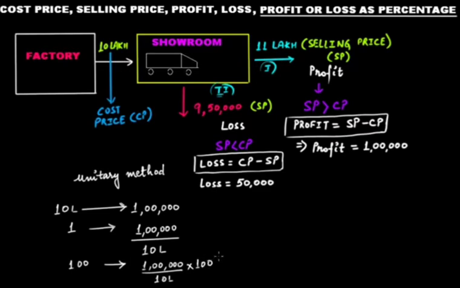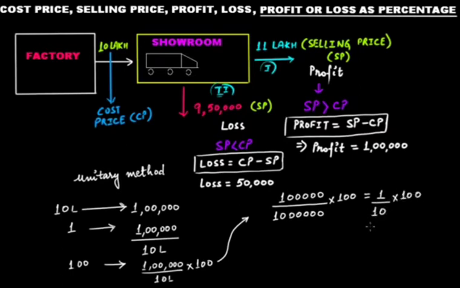Now if I further solve it, this will be 1 lakh divided by 10 lakh times 100, and if you further solve it, this comes 1 over 10 times 100, and this gives you 10. Therefore, 10% will be the profit percentage.